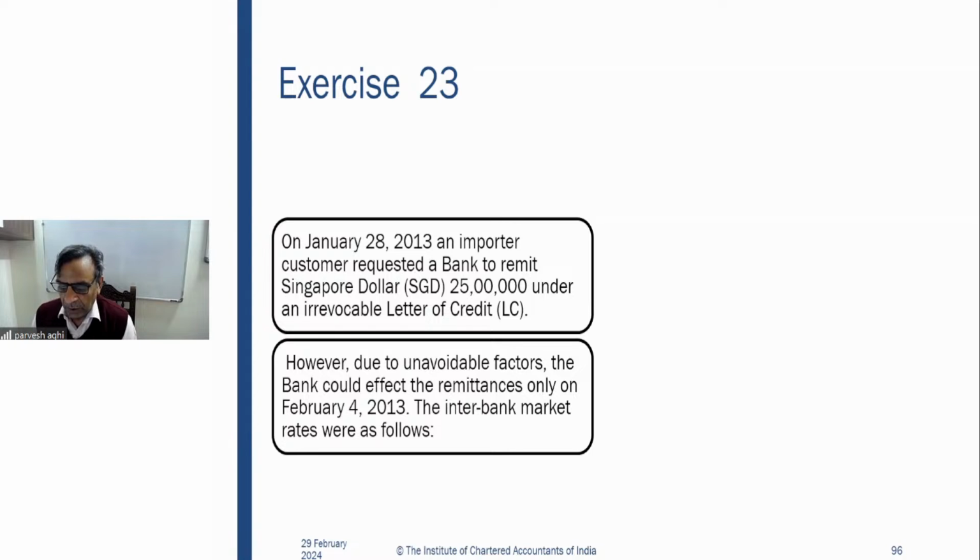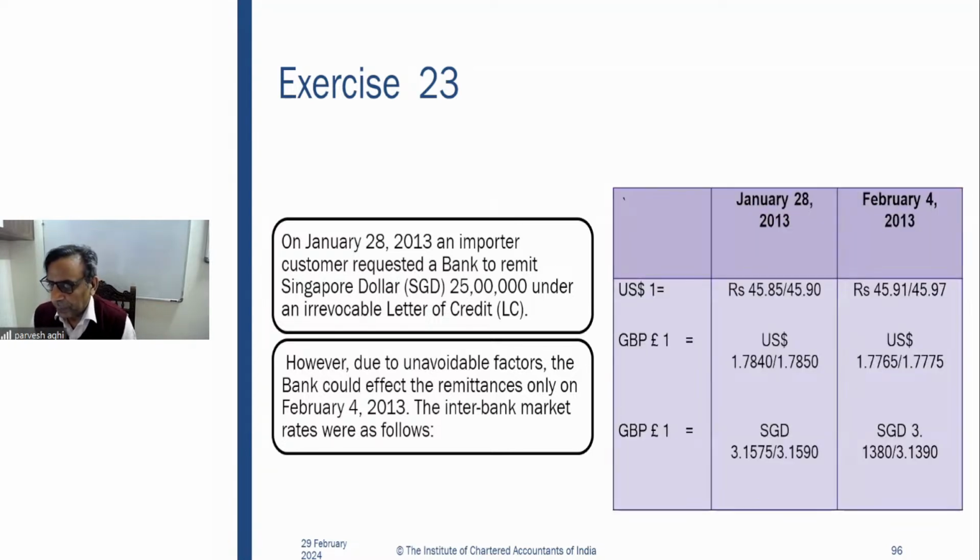The interbank rates were as follows. Now, the interbank rates are given both on 28th of January and on 4th of February. So rates for US dollar versus rupees, pound versus US dollars, and then Singapore dollar versus pound. Three rates are given. There is no direct quote for Singapore dollar versus rupee.